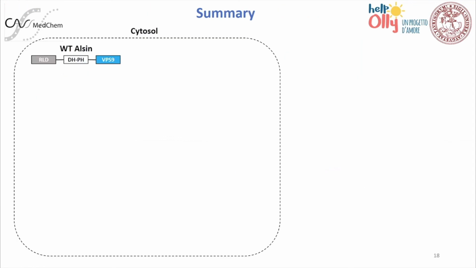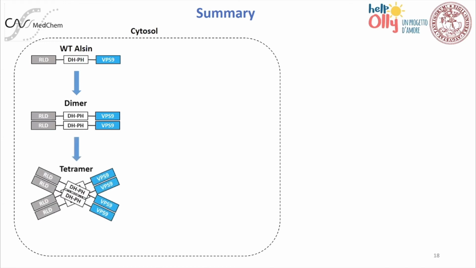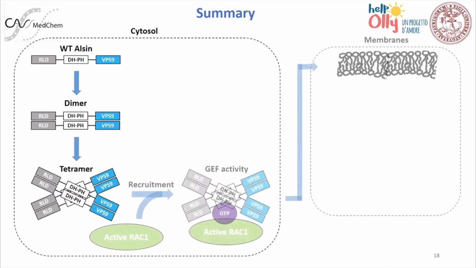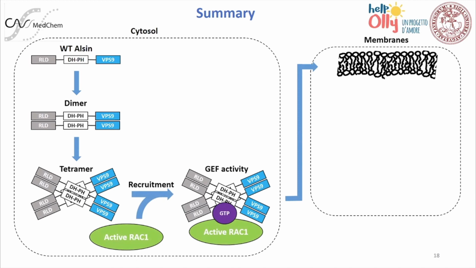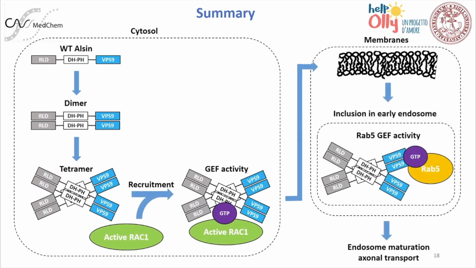So here I'm summarizing more or less our findings. It's known that Alsin in the cytosol is able to dimerize through interaction of the VPS9 domain. And then subsequently it tetramerizes. And this allows it to recruit active RAC1, localize to membrane ruffles, and subsequently be included in early endosomes thanks to a functional RLD domain.